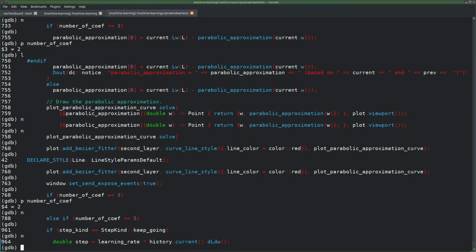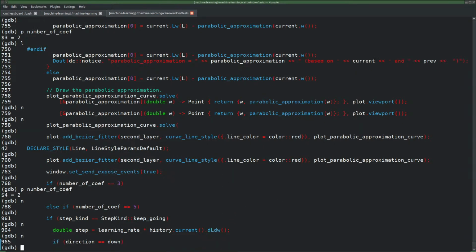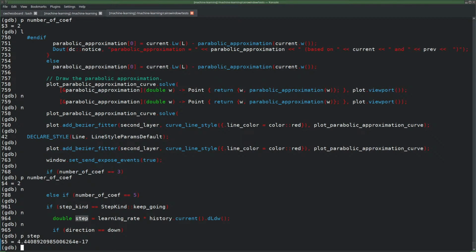Yeah, and then we get to keep going, and it does work because it's not 0. The step is not 0 either. We're doing something. And I think my learning rate should indeed be doubled every time here. And it's still going to take a very long time, I think.